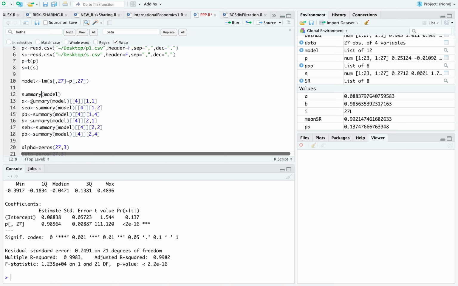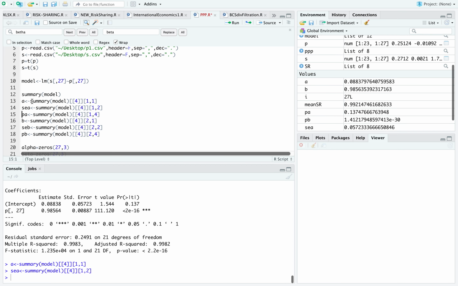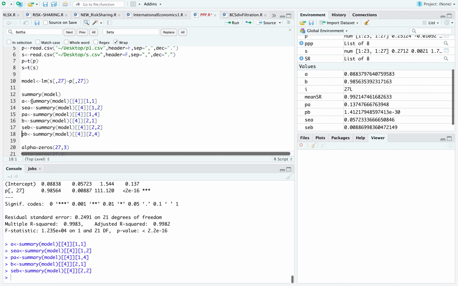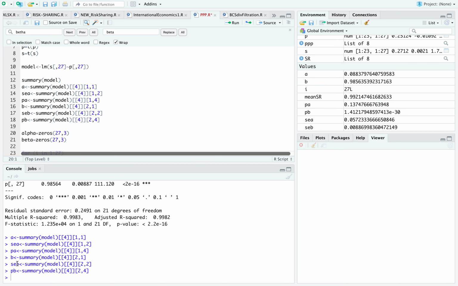Here, for example, you first need to address it with two brackets 4, which means the fourth element in the object. This is like a matrix, and from this matrix, you simply take the appropriate element.